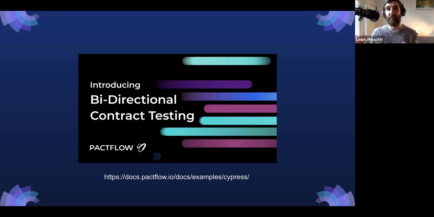So the idea of bidirectional, again, there are videos on Pactflow's website. Not going to go into the detail, but you add in an adapter. So they've created a Cypress adapter for generating the contracts. So now you can generate the contracts as part of your tests.